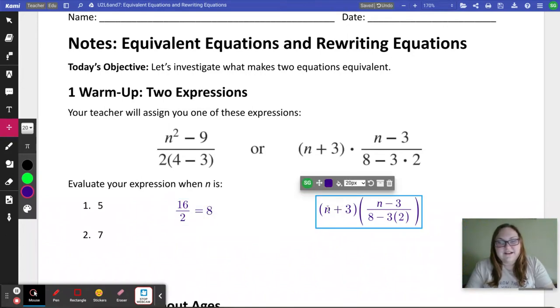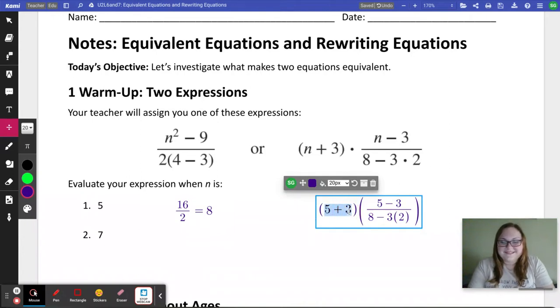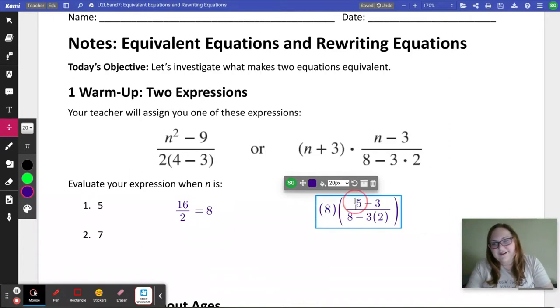For this other one here, if I were to substitute 5 for n and go through and replace all my n's with 5, we can do the math here. That 5 plus 3 gives us 8. Over here on our other part of our problem, we've got that 5 minus 3 gives us 2.